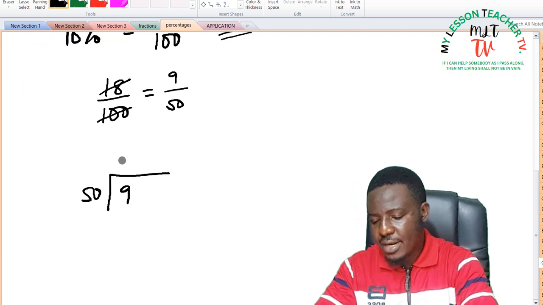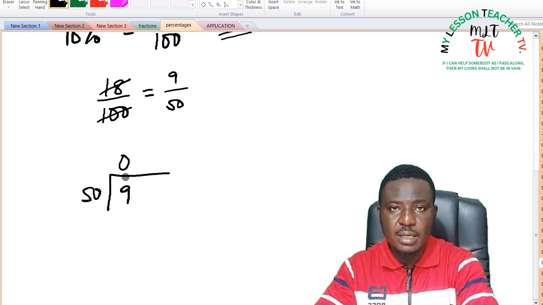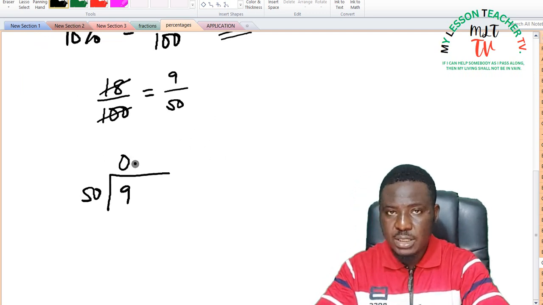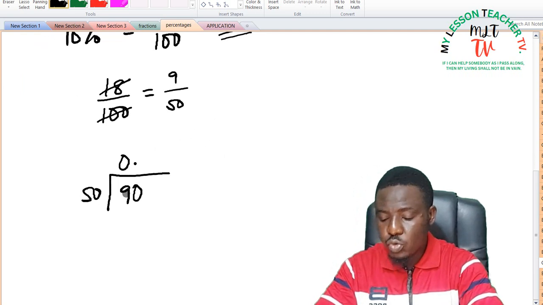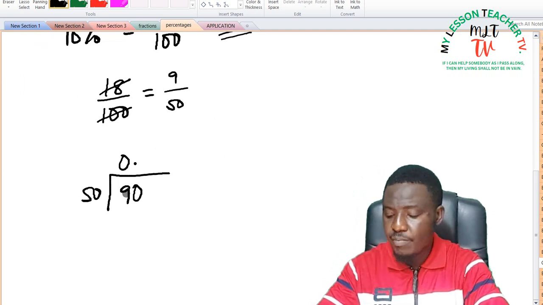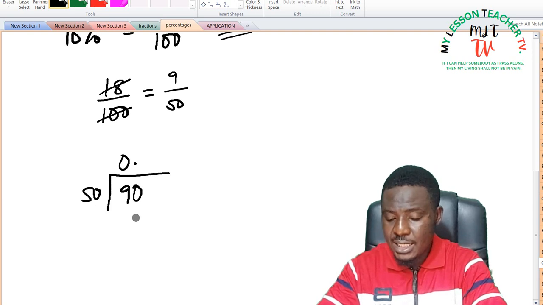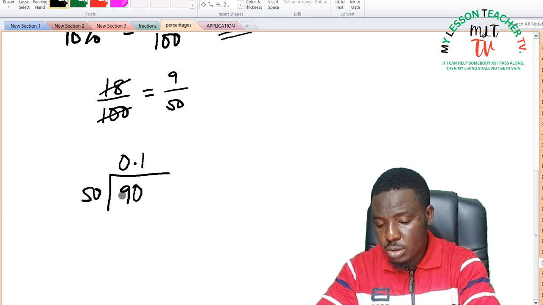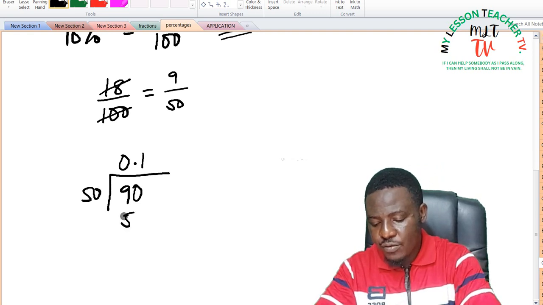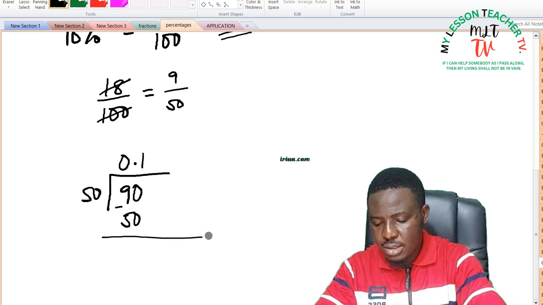50 into 9, you cannot, you write down 0, add a point, and add a 0 to this. This becomes 90. 50 into 90 is said to be 1. 1 times 50 is said to be 50. You subtract.